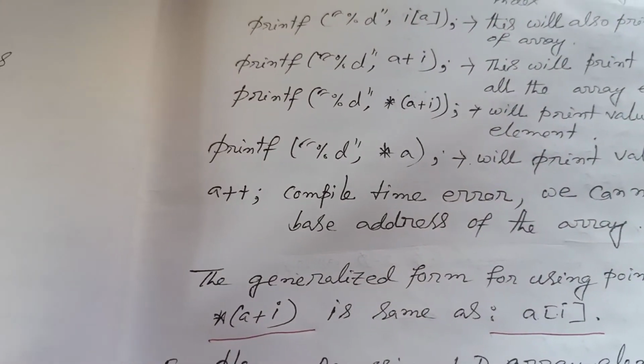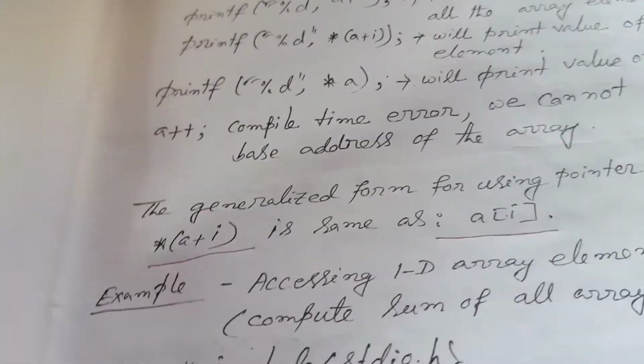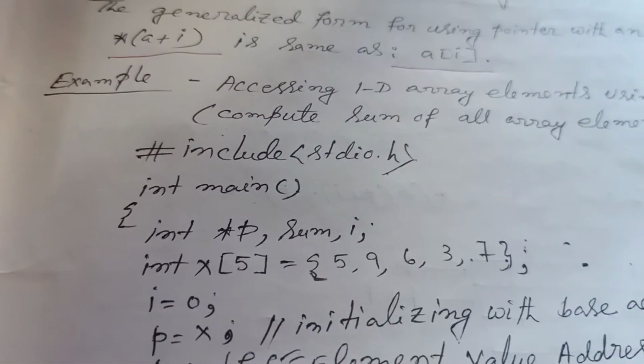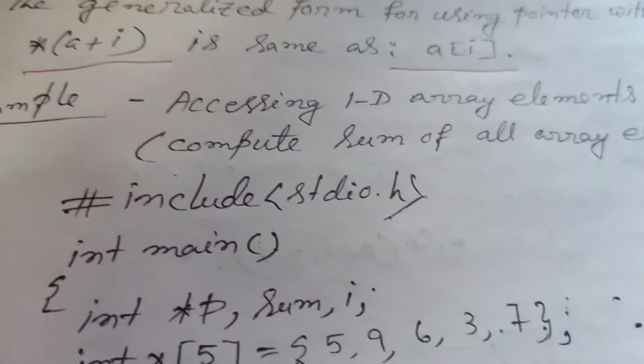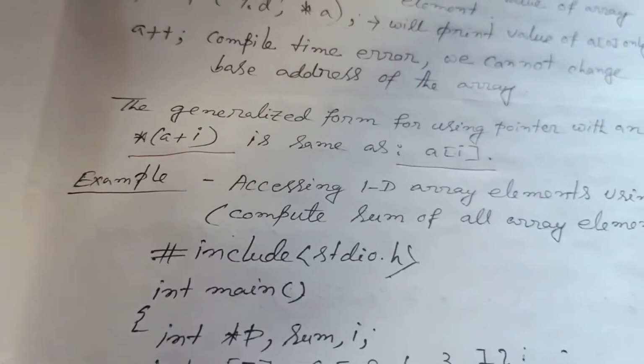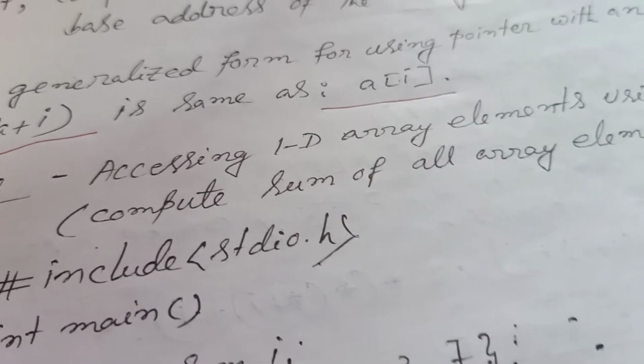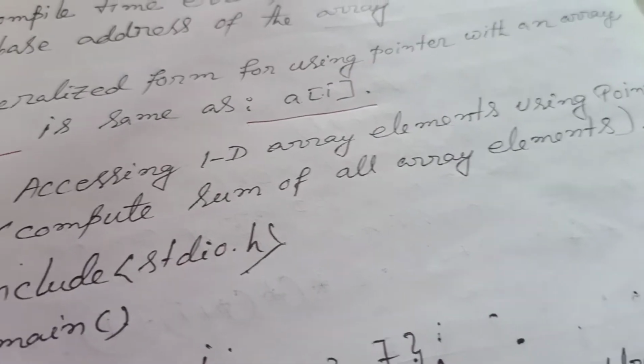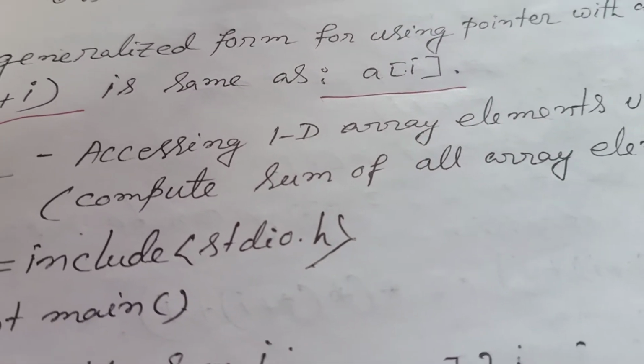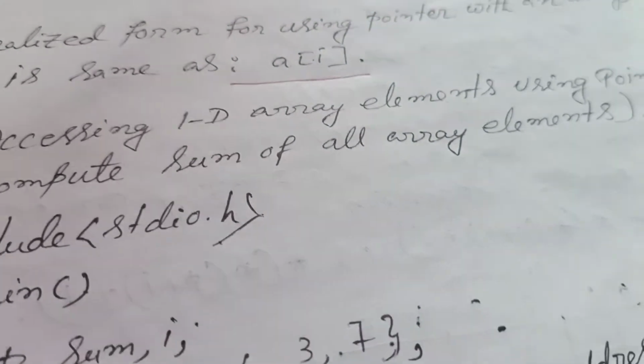Okay, so let's take an example briefly to understand how a pointer is used in a one-dimensional array. That means accessing one-dimensional array elements using a pointer to compute the sum of all array elements.